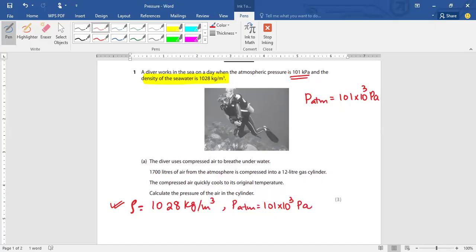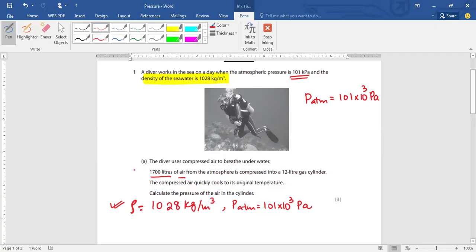So why did they say 1,700 liters of air from the atmosphere is compressed into a 12 liter cylinder? It is compressed because this amount of air has to be compressed. When the diver enters the water, that compressed air has to be there, so the volume reduces, right?